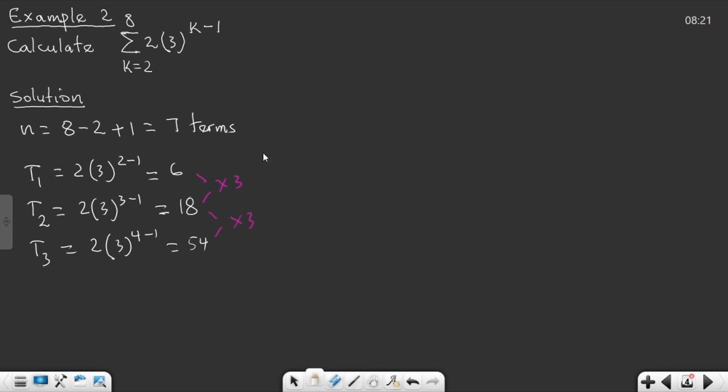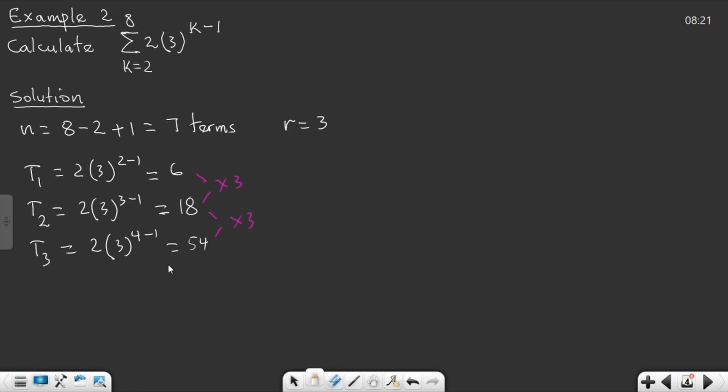What we have here is a common ratio, R, which is equal to 3. So clearly this is not an arithmetic series. This is what? A geometric series. Can you see that?